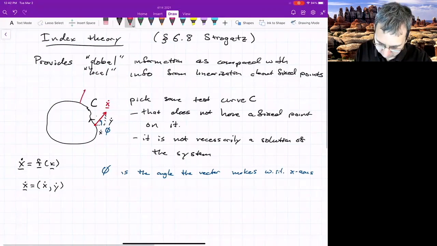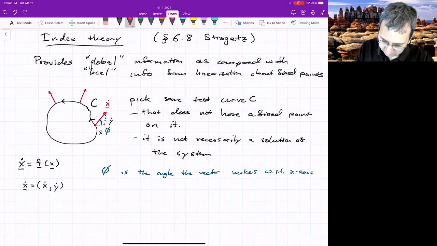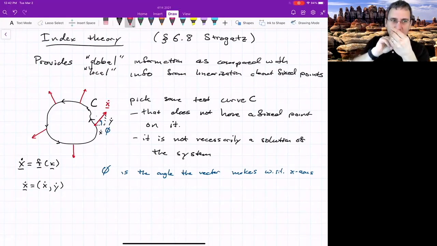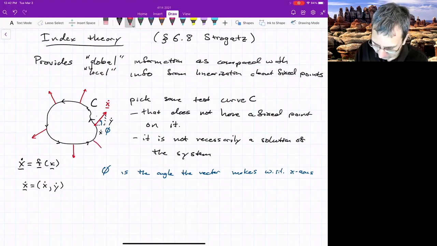So maybe it's up here, and then as we keep moving, and we're just sort of mentally moving, how does this vector change? What about here? So as we move counterclockwise, how many turns does that vector, the red vector here, make in a counterclockwise sense?